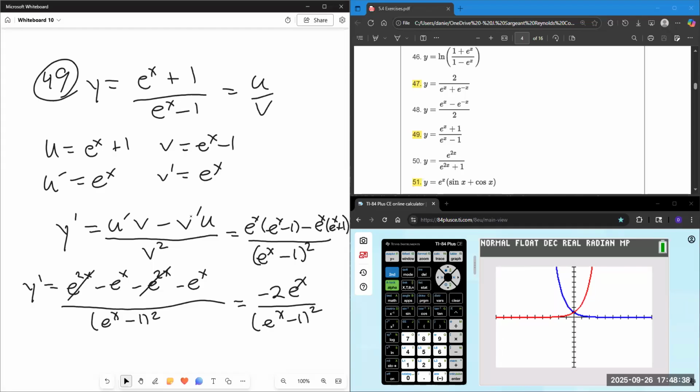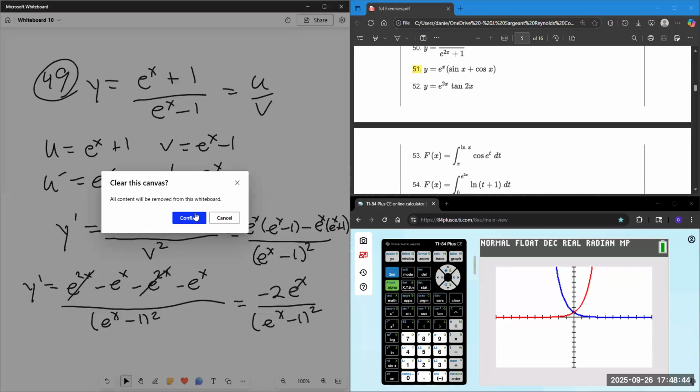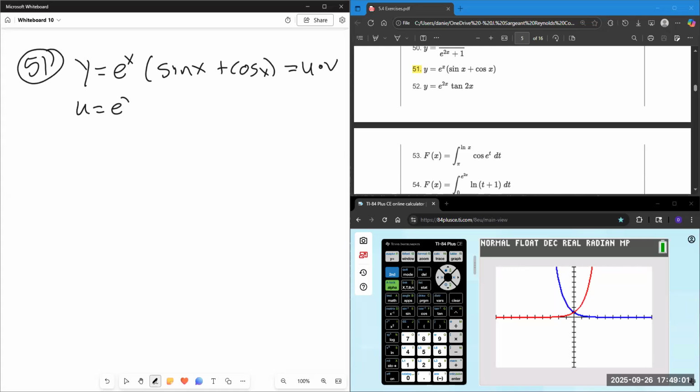So now at 51, it says y is equal to e to the x times sine of x plus cosine of x, which I'll call u times v, with u equal to e to the x and v equal to sine of x plus cosine of x. u prime will be e to the x and v prime will be cosine of x minus sine of x.